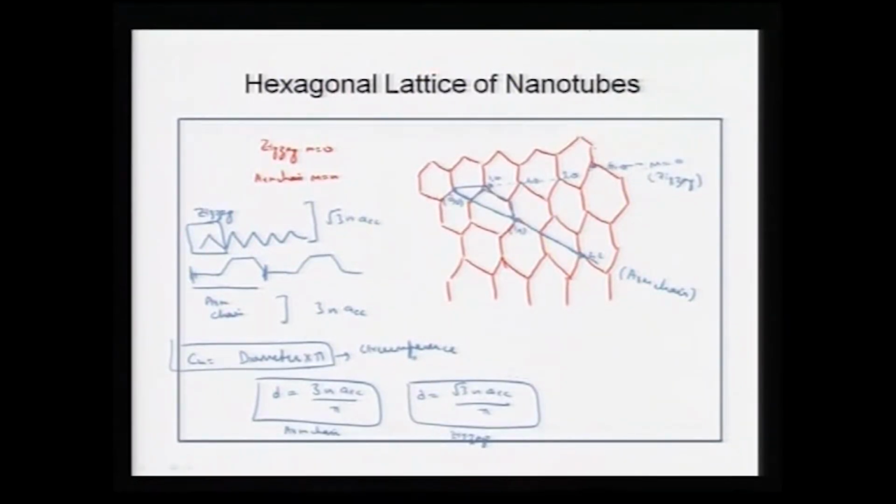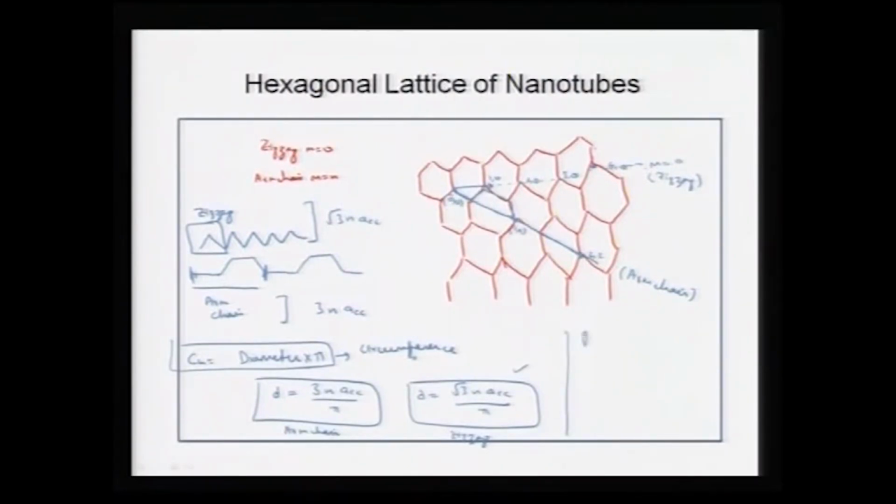So, from the chiral vector, I can always identify the diameter of that particular entity. If I want to find a zigzag, I just need to roll along this particular direction. I will just show you the examples of zigzag and the armchair configuration.